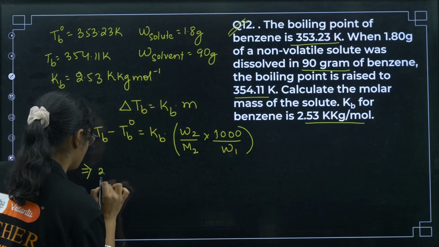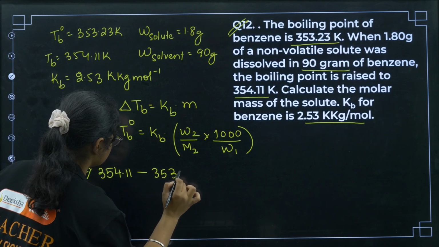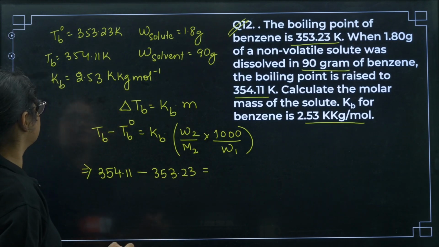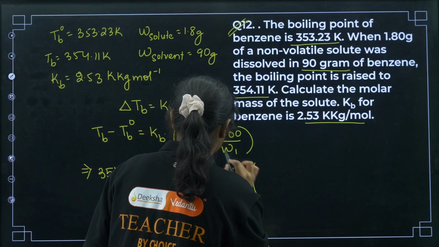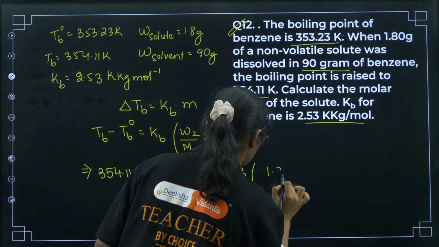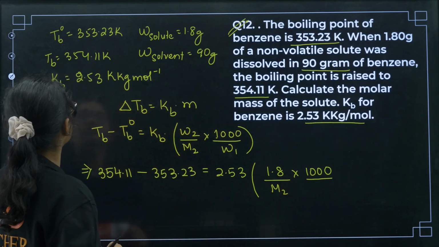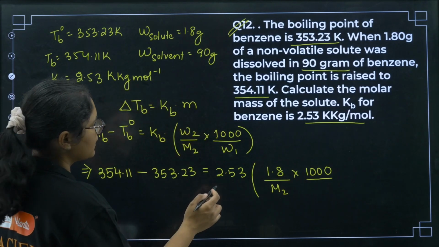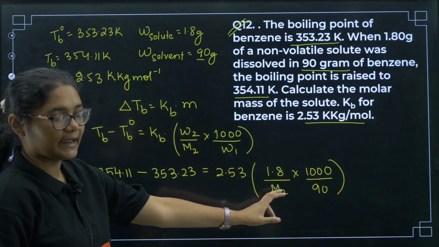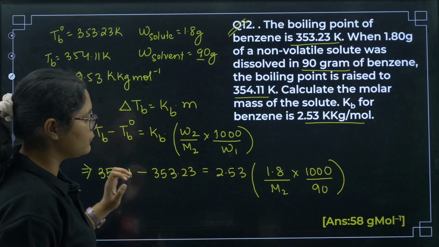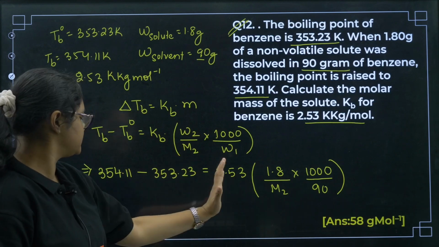Tb value is 354.11, T naught B value is 353.23, Kb value is 2.53, then W2 is 1.8, m2 we have to find out, 1000, and W1 is 90 gram. If you solve this, you can calculate the m2 value, and that will be 58 gram per mole. You can check the calculation once again, but this is how you have to calculate.